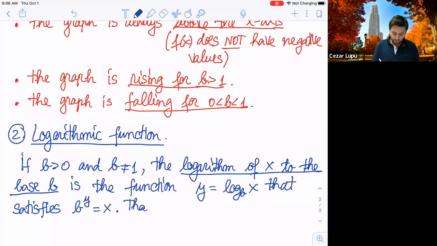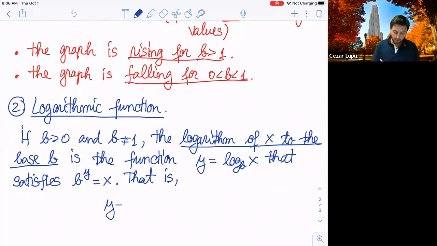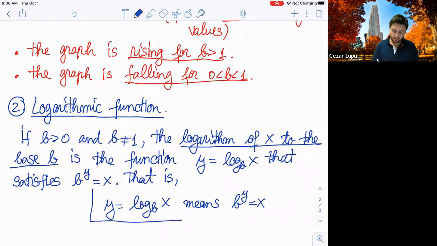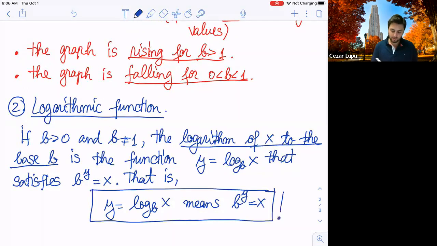That is, y equals log in base b of x means b to the power y equals x. So keep in mind this equivalence here. This is important. So saying that y is log in base b of x is the same thing as saying that b to the power y is x.